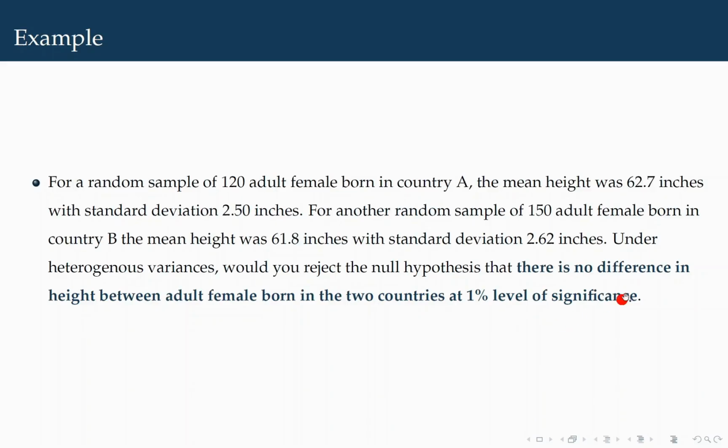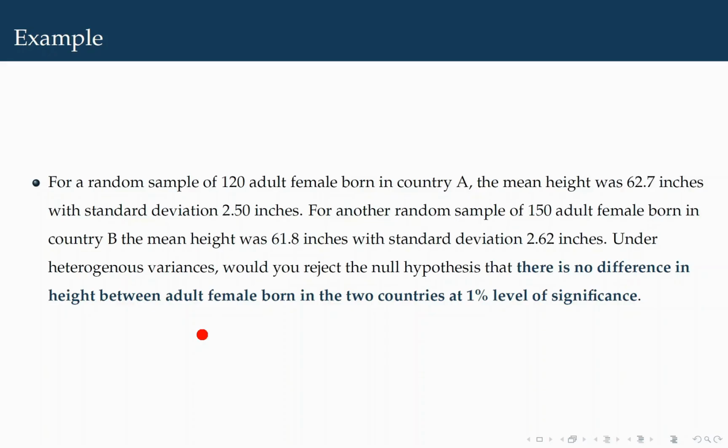So now let's consider another example. For a random sample of 120 adult females born in country A, the mean height was 62.7 inches with standard deviation 2.50 inches.